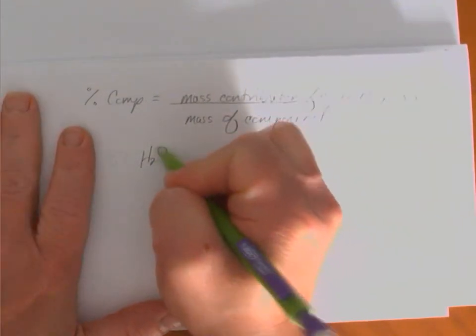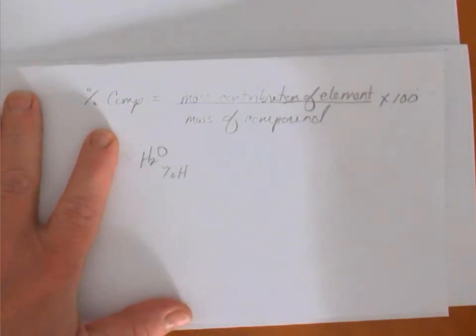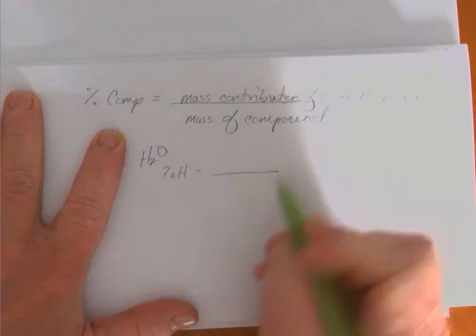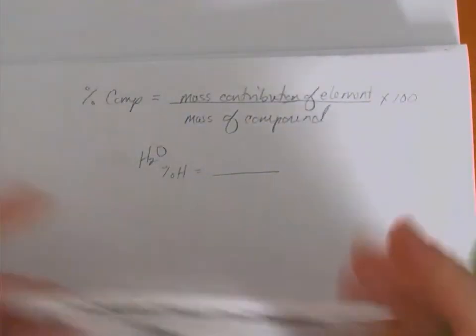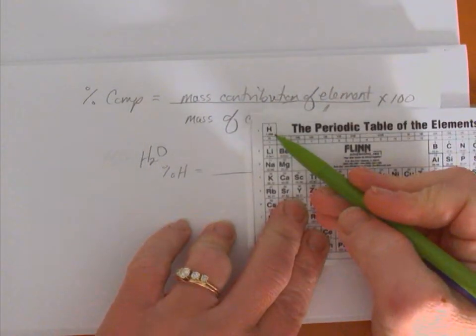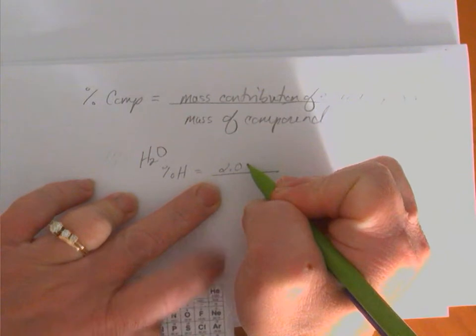So for example, if we were finding the percent of hydrogen in water, we would take the mass contribution of hydrogen. And of course, because there are two hydrogens, that will be 2.02.